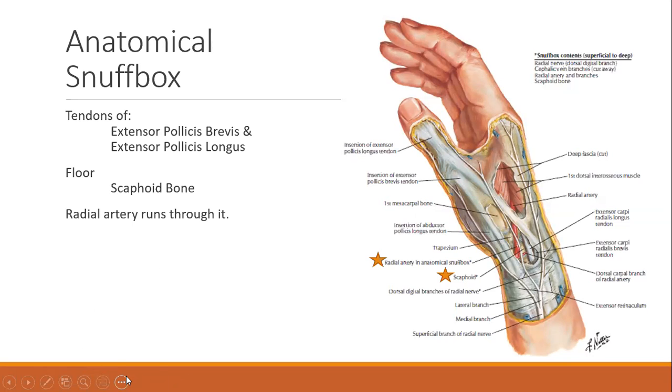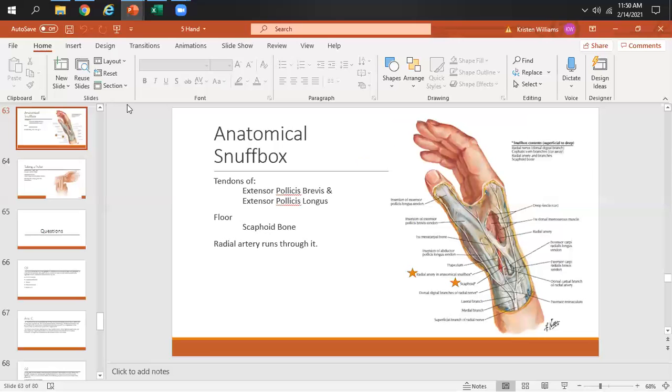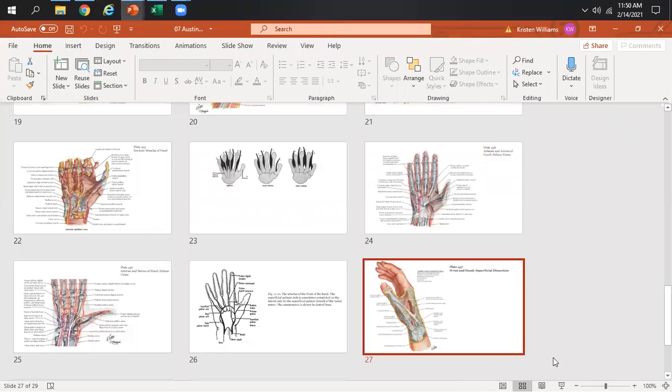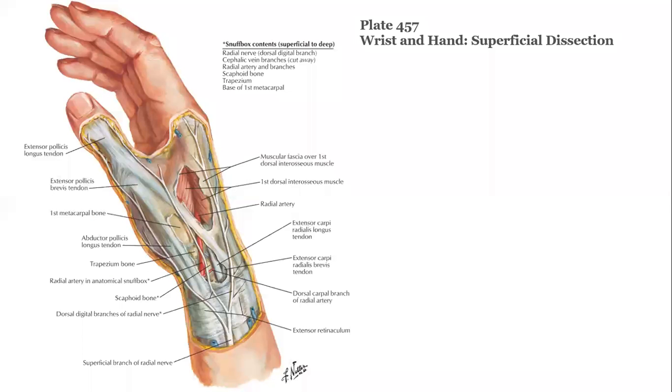And I believe Dr. Austin has a list of things that she wants you to know about your anatomical snuff box. There we go. So, yep, radial nerve has a dorsal digital branch that passes through, which I believe is this guy right here. There's a cephalic vein branch that's cut away, but it also passes through.